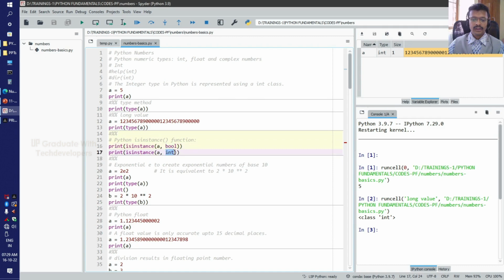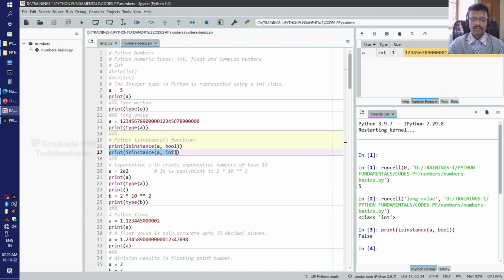Let us print this statement first by pressing F9. So look here, the result is false because a is of type integer. It is not of type boolean expression, that is true or false, right?